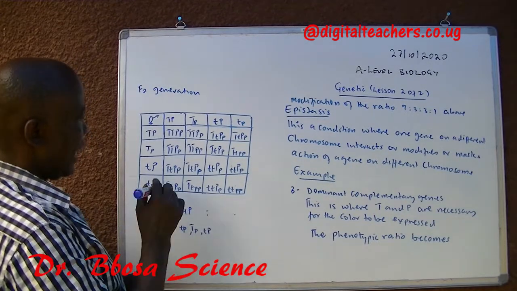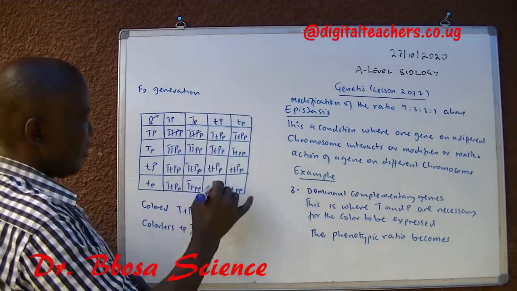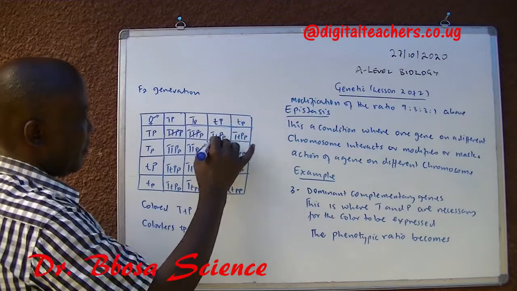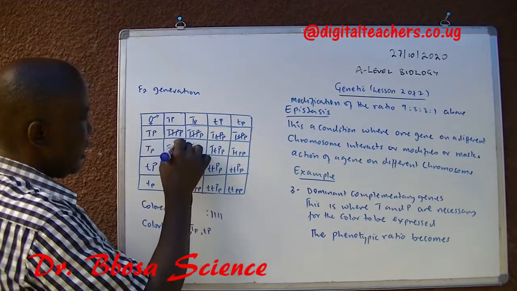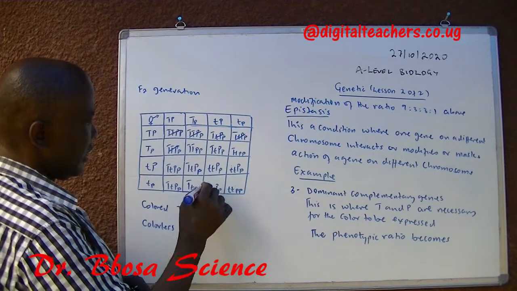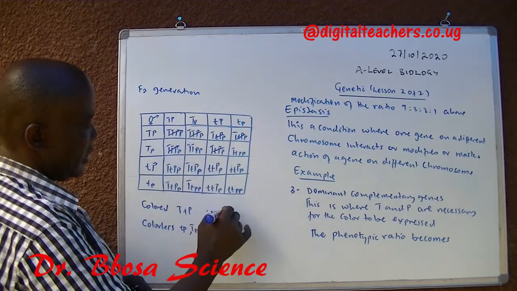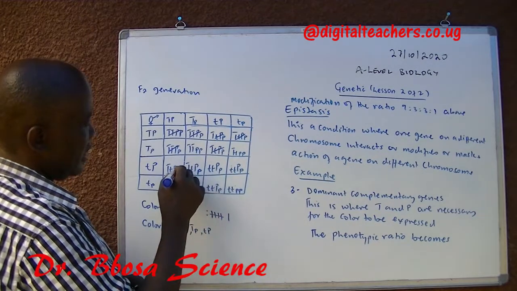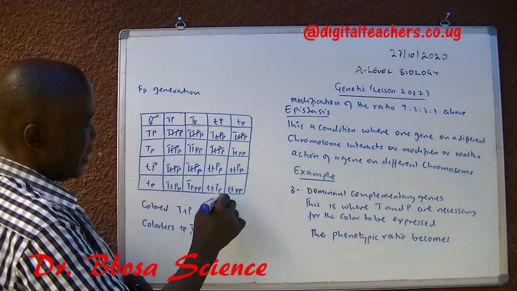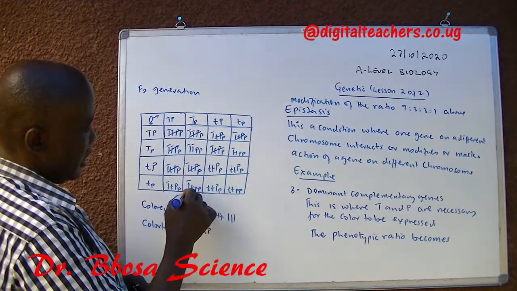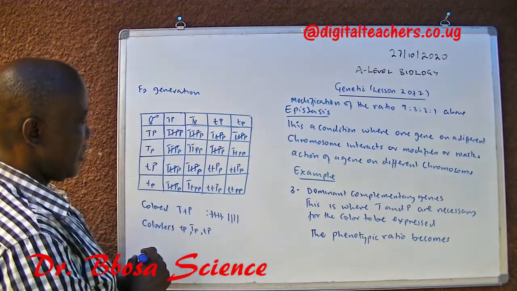Those are colored: capital T, capital P, repeated across the cross.